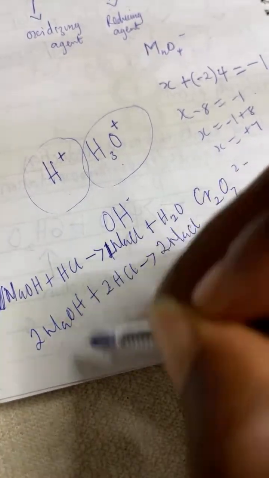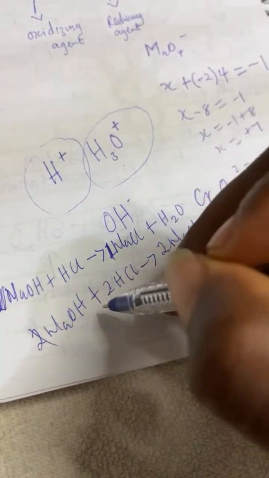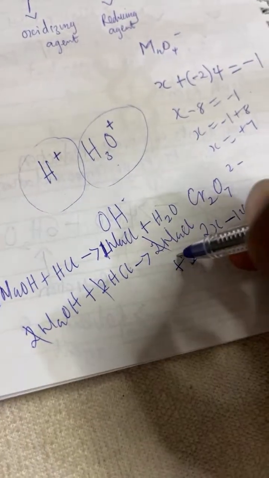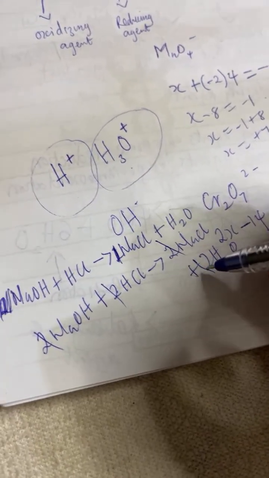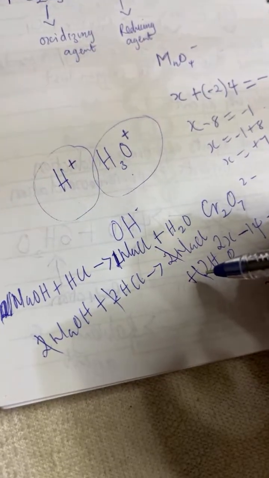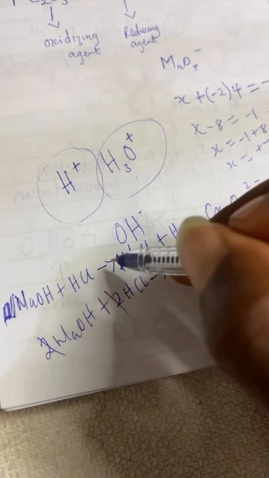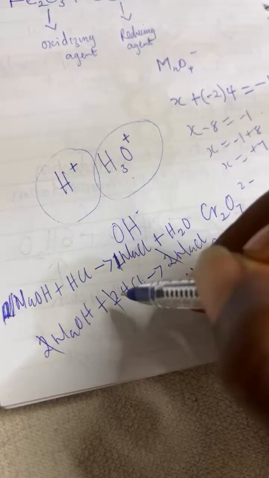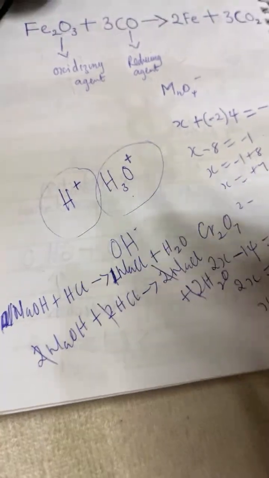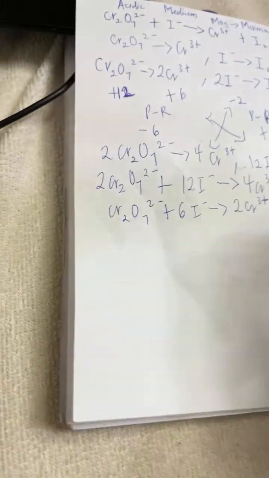If you can divide all of them through, just divide. 2 can divide 2, 2 can divide 2. You need to divide to the lowest term. You get what I'm saying? This and this is still the same thing. You just have to bring it down to the lowest term.